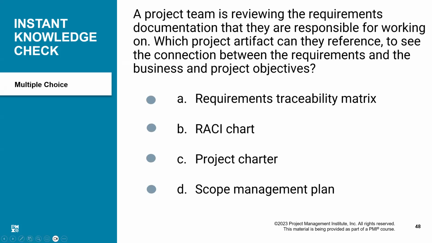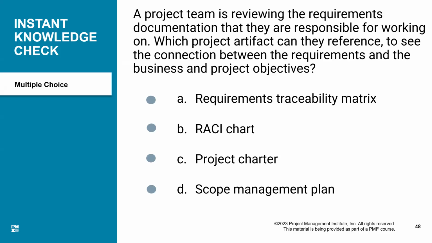Our project team is reviewing the requirement documentation that they are responsible for working on. Which project artifact can they reference to see the connection between the requirement and the business project objective? The scope management plan?